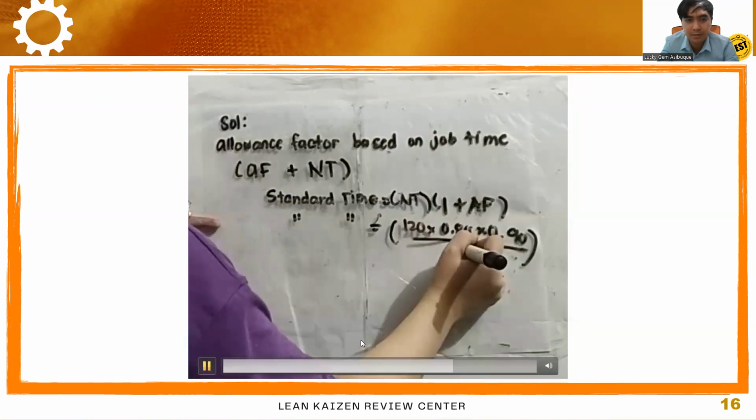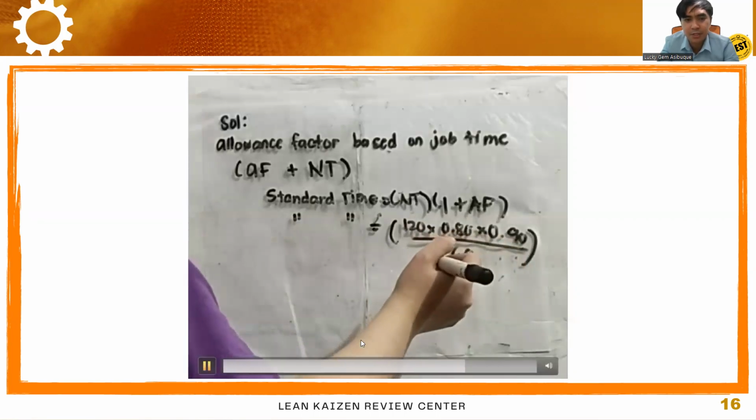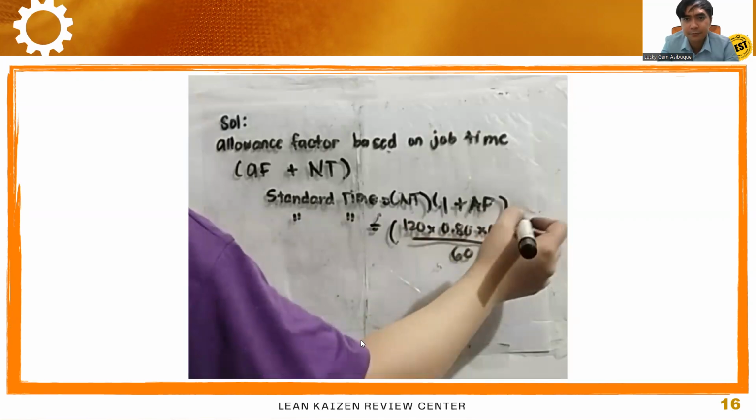Okay, next, over 60. So what is 60 here? So the 60 here is the 60 pieces of the cargo. Because we are being asked to get the standard time per piece, that's why we divide this by 60.